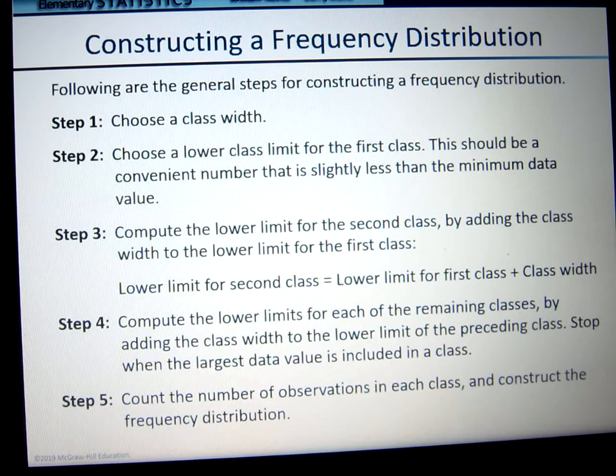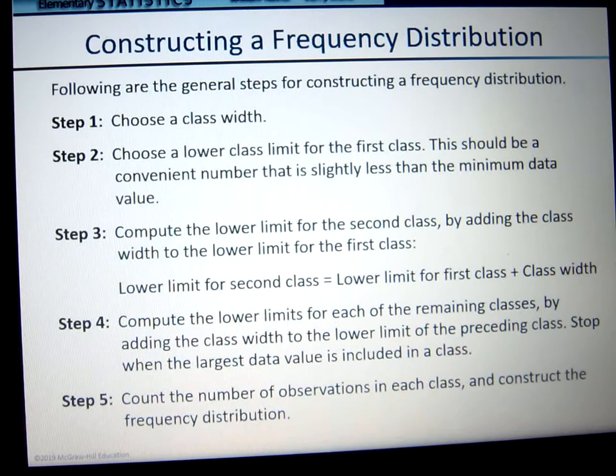So here are the step-by-steps, and you do have this PowerPoint underneath your lessons on Sakai, so you can pull this out and print it, and that way you can use it when you're doing your homework. First, you're going to choose your width.